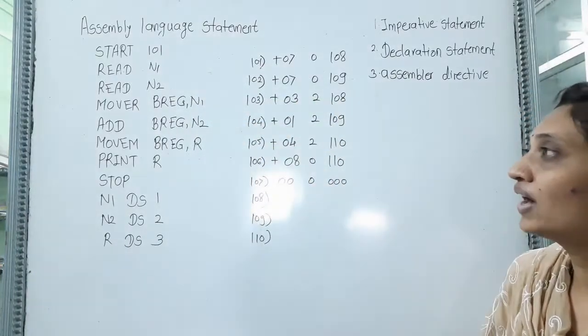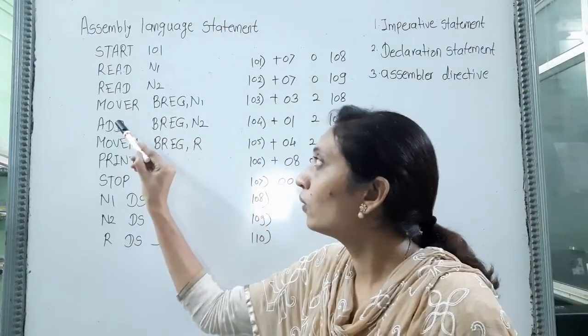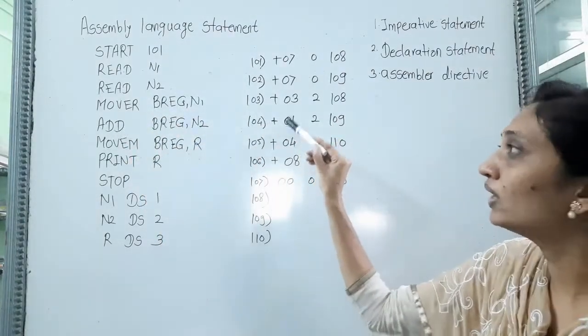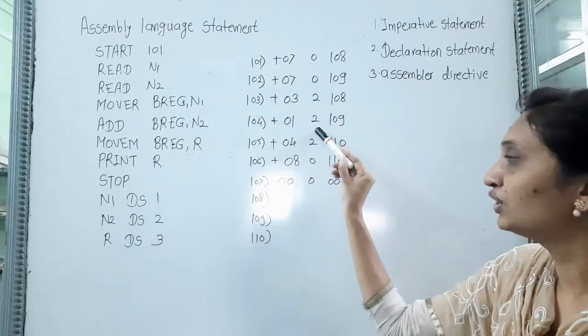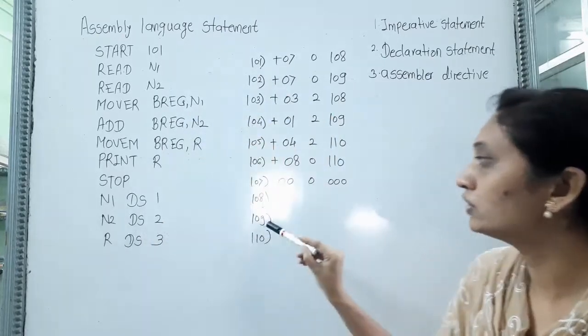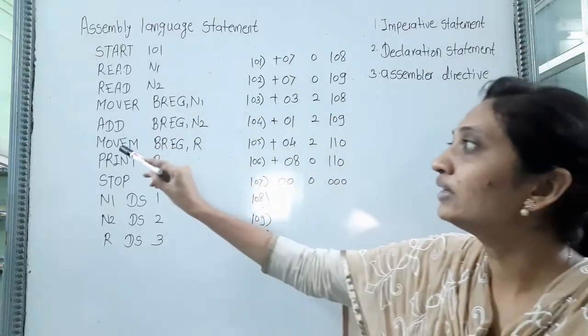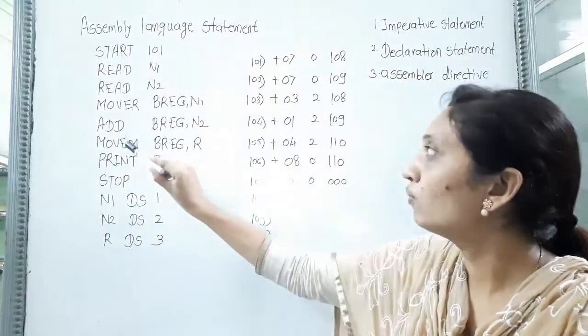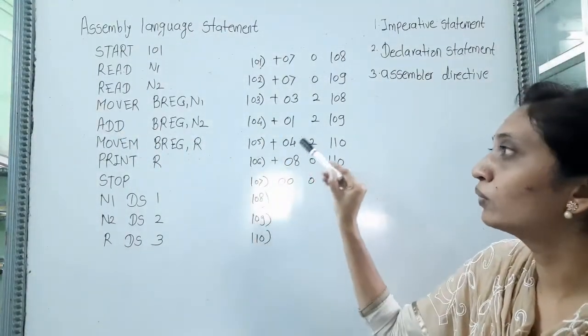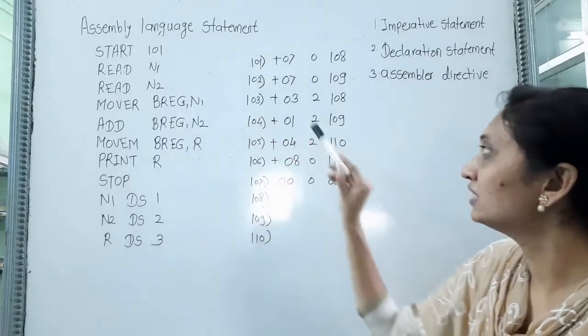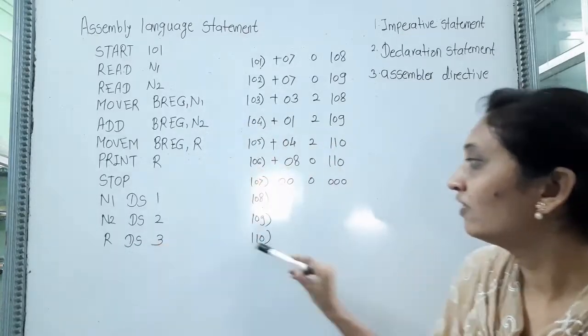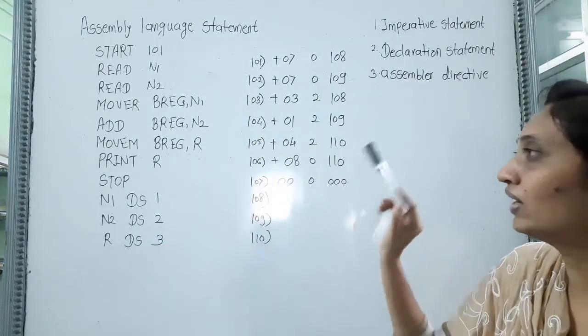In this way we write the mnemonic opcode of ADD as 01. For the B register we use 2. For N2 we use 109. After that, move to memory. For MOVEM we are using the mnemonic opcode 04. BREG 2. For R we are using 110. So 110.